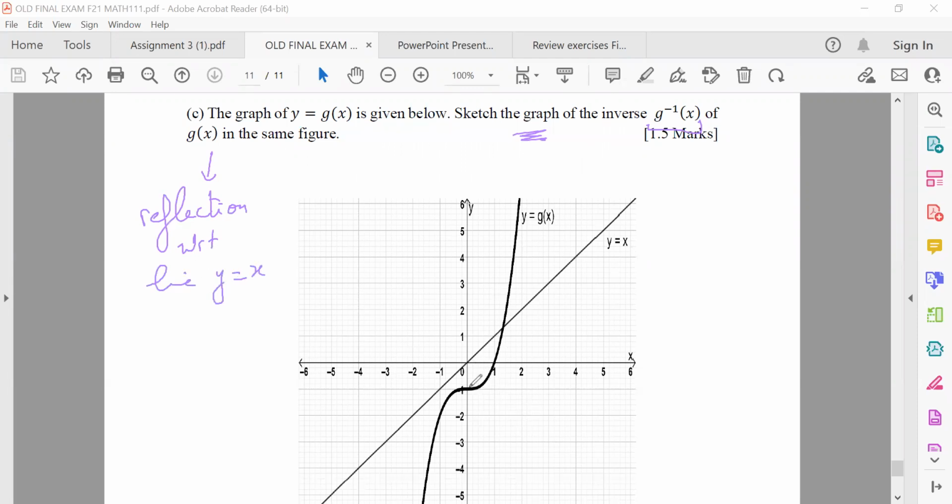So we choose points. For example, this point is -1, 0. When we are on the graph of G, the corresponding point on the graph of G inverse, we switch x and y. So the input for G is the output for G inverse, and the output for G is the input of G inverse.